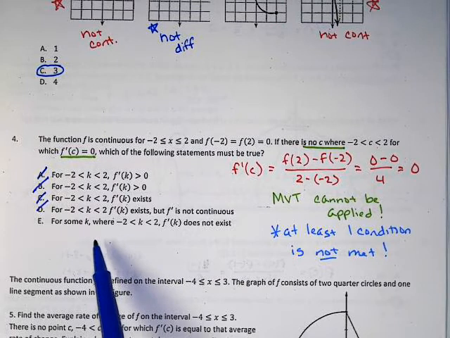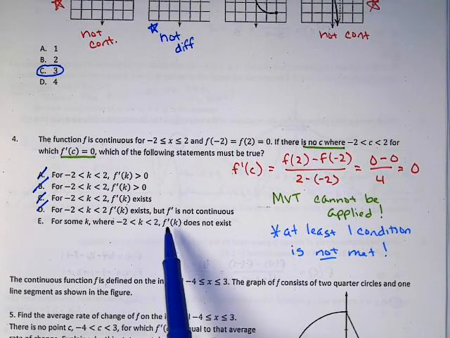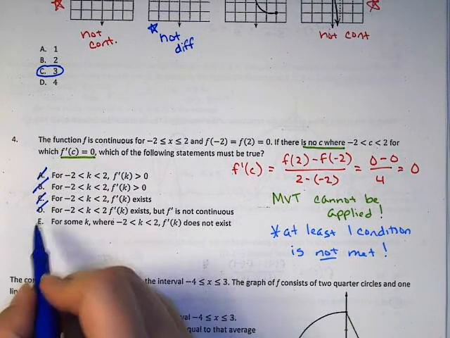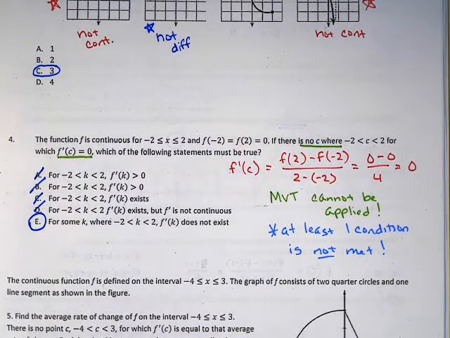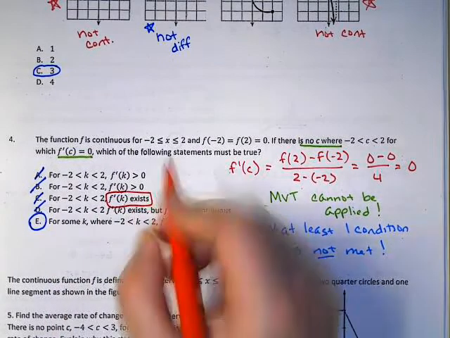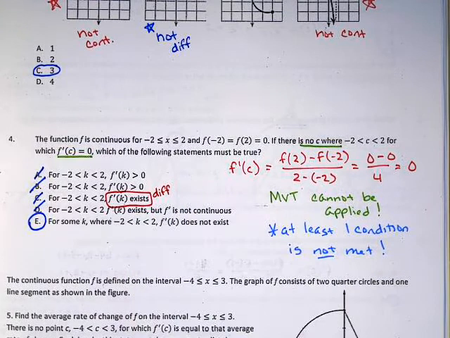Choice E, though, says for some k between negative 2 and 2, f prime of k does not exist. This must be the one that is true. If we go back to choice C for a second, f prime of k exists means that it's differentiable on that interval.